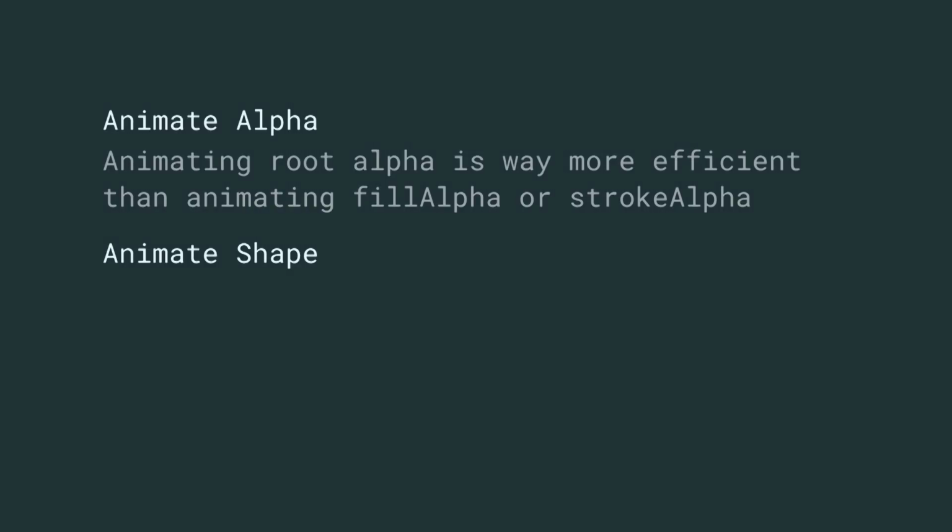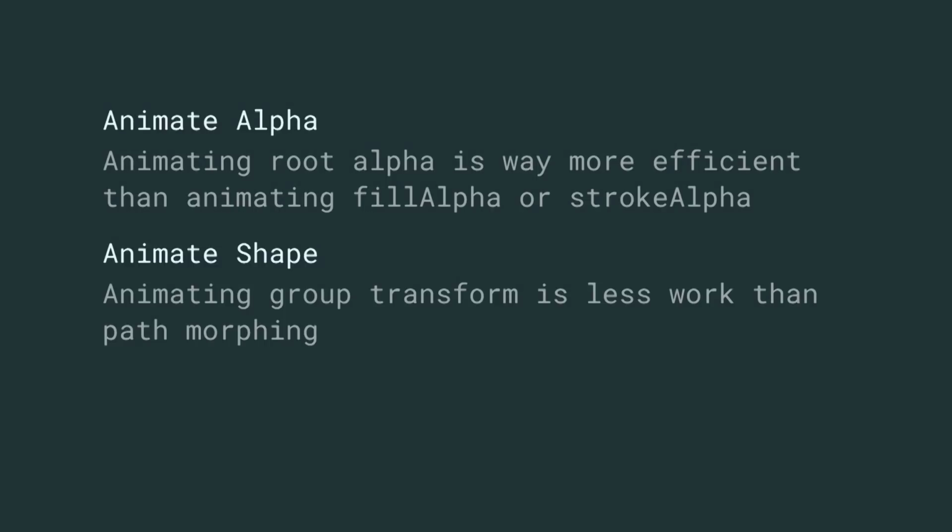And if you're going to animate shape, the most efficient way would be to animate the group transform, because in NMR1 and later releases, we've improved the caching to the extent that we're caching all the paths. When you animate group transform, we don't really need to invalidate the cache for the paths. We can just reuse that, and then as we draw, we just apply the transform onto the path.